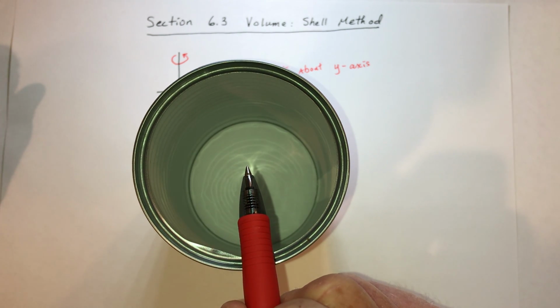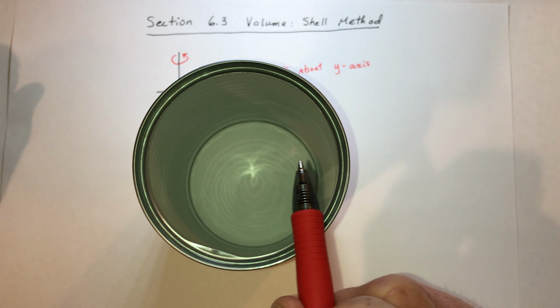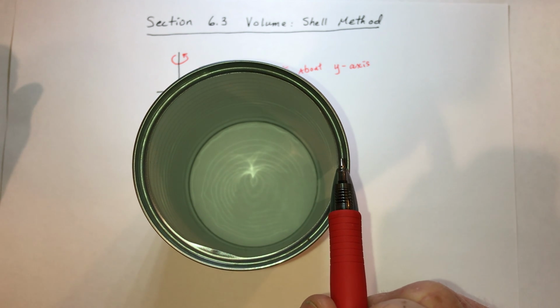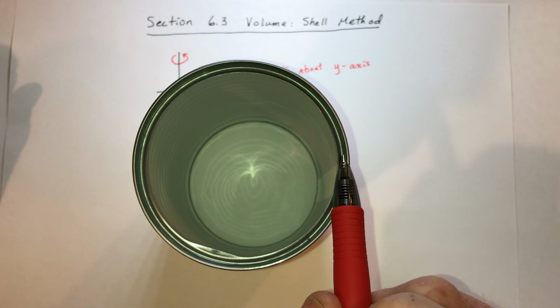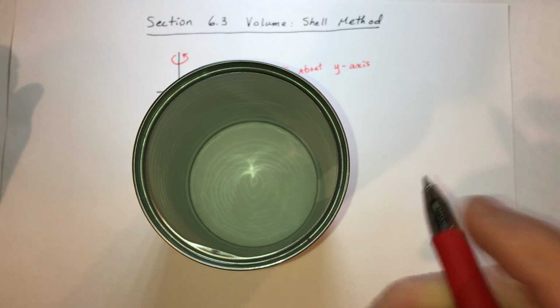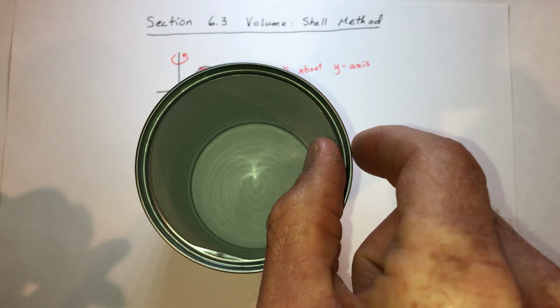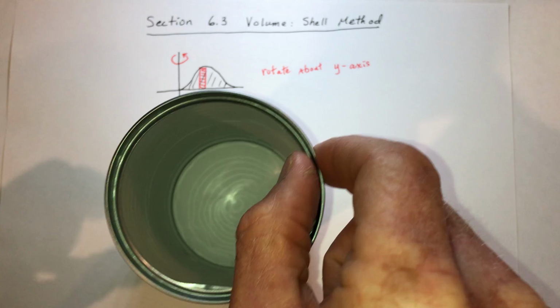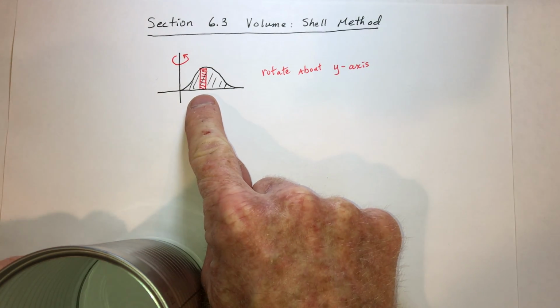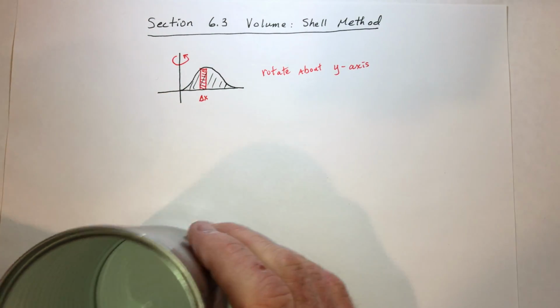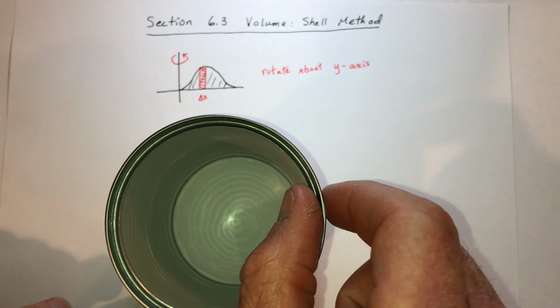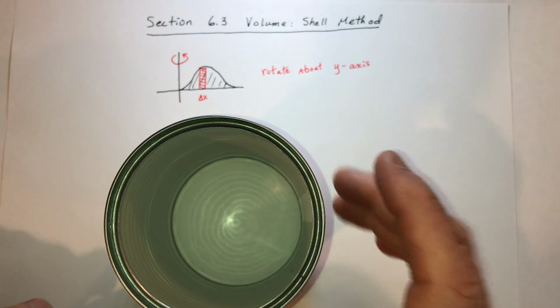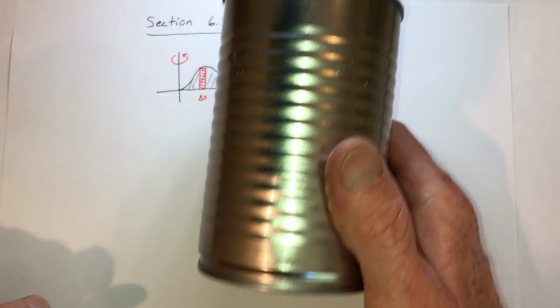So for one thing, you need the radius. So go from the center out to the middle of the metal. So that's called the radius. And then the thickness of this metal, that is delta x. So this delta x right here, when it got rotated around, that's this thickness. And then also we would need to know the height.